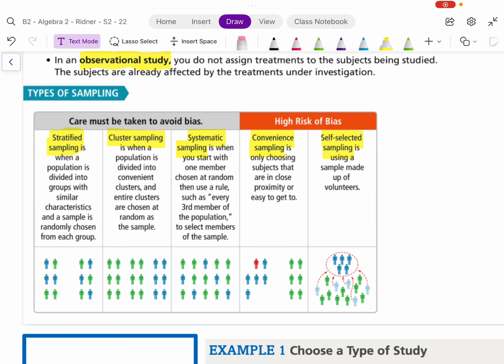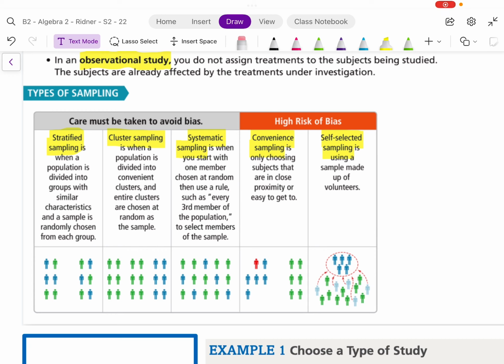There's cluster sampling, which is when a population is divided into convenient clusters and entire clusters are chosen at random as the sample. There's systematic sampling, which is when you start with one member chosen at random and then use a rule such as every third member of the population.